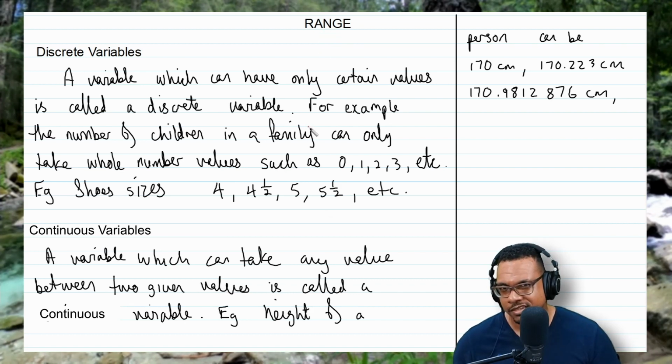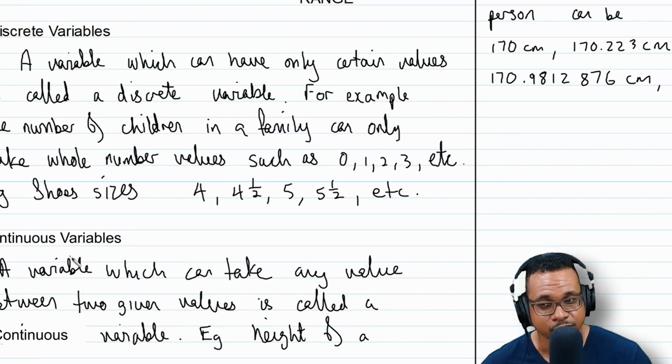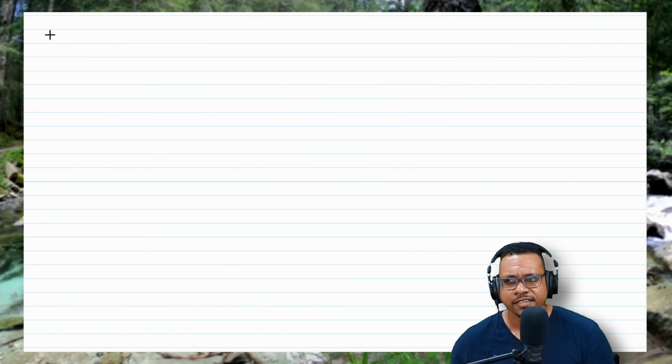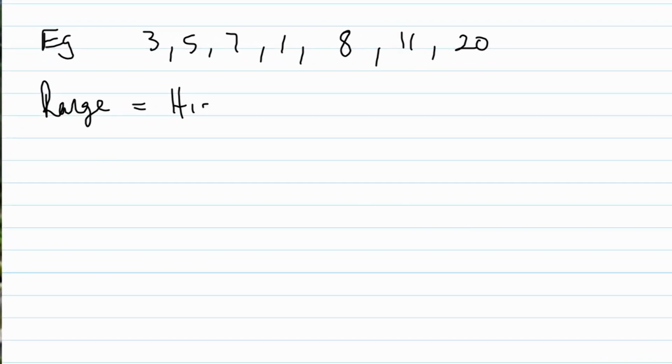Now, if you have raw data, it doesn't matter whether the variable is discrete or continuous: the range is the highest value take away the lowest value. But there's a difference when we have a table. We need to know whether the variable is discrete or continuous, which would affect the way we work out the range. For example, if I had some data 3, 5, 7, 1, 8, 11, 20, my range would simply be the highest value take away the lowest value.